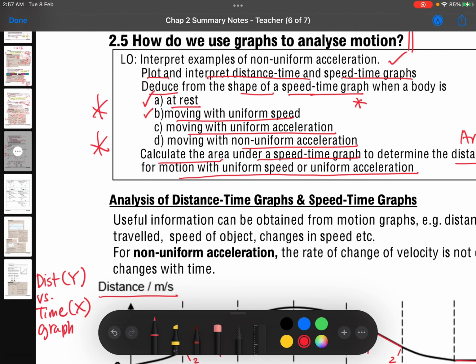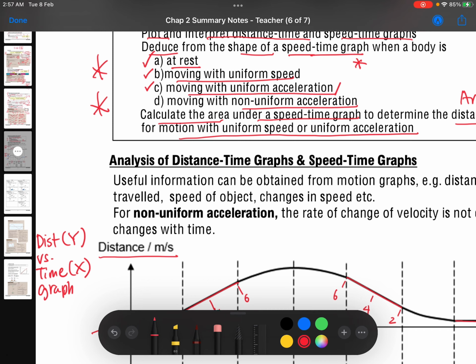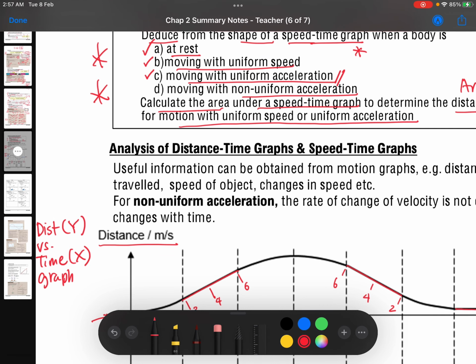Now let's talk about the third one, moving with uniform acceleration. When you say something is uniform acceleration, sometimes it can be very hard to visualize. One such example of uniform acceleration is free fall.